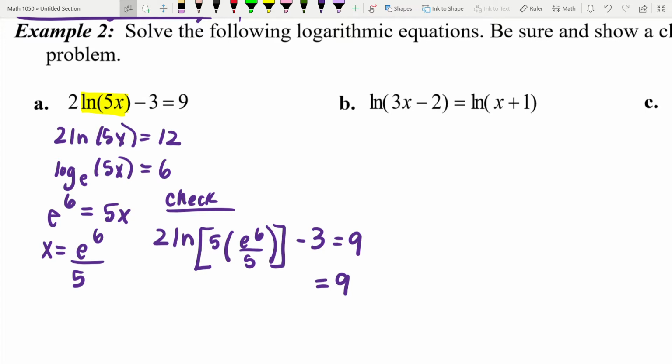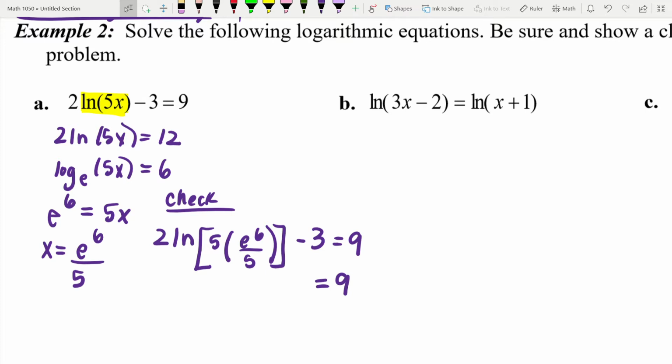Let's do it together. Everybody go to ln 5 parenthesis, second ln 6, close it, divide 5, close it, enter. Oh, I got a 12. What did you get? What did I do?